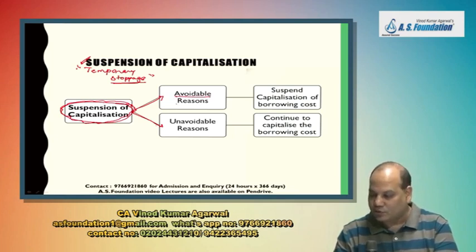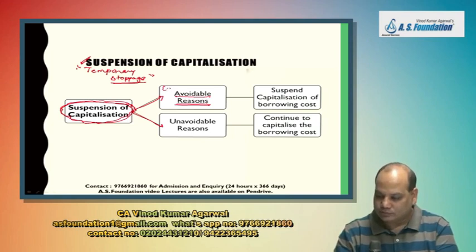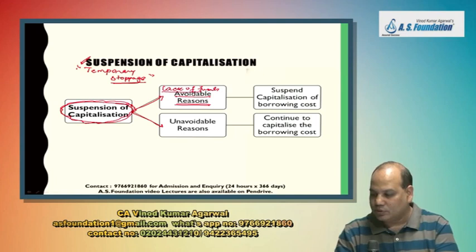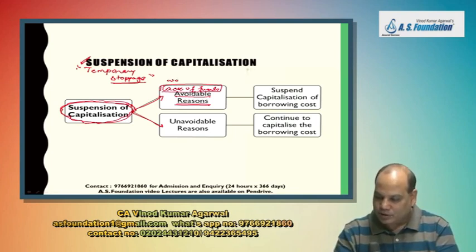Avoidable means these reasons could have been avoided. Like for example, lack of funds. You started the construction of a building, but then you ran out of money, so you have to temporarily stop the work. Or for example, workers' strike.